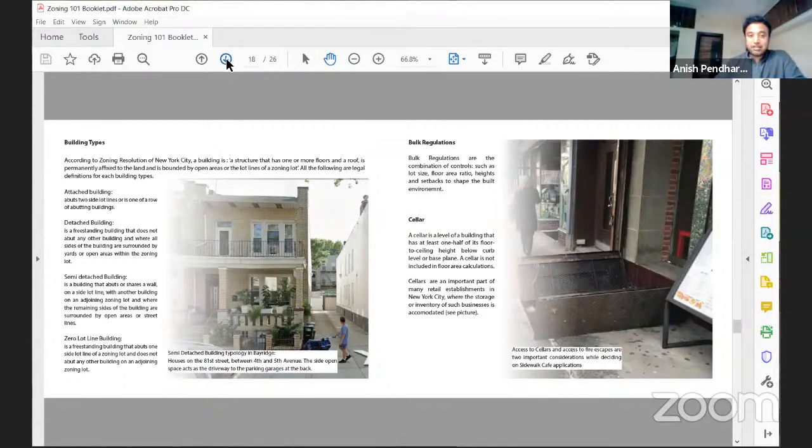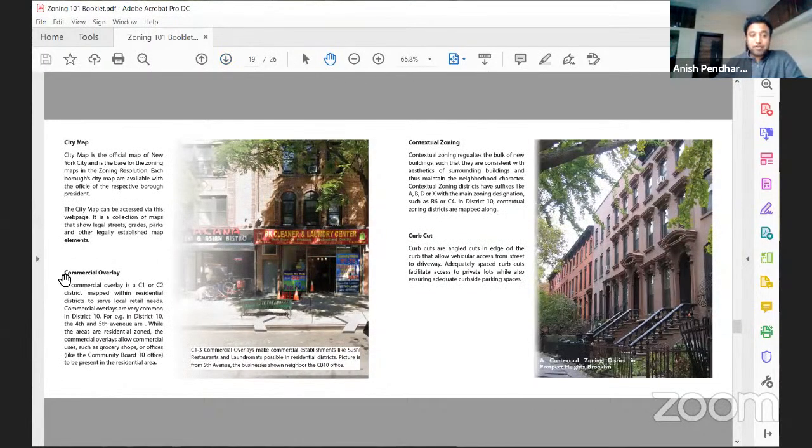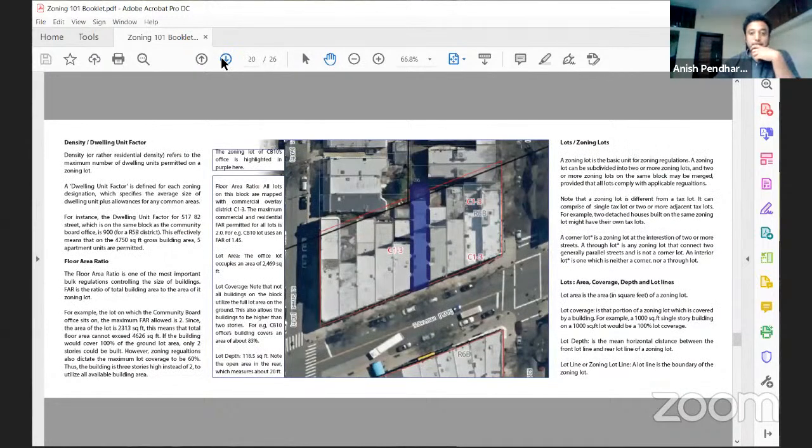Bulk regulations, what is a city map, why do we do a commercial overlay in a residential district, and then basically the definitions of common terms like floor area ratio.